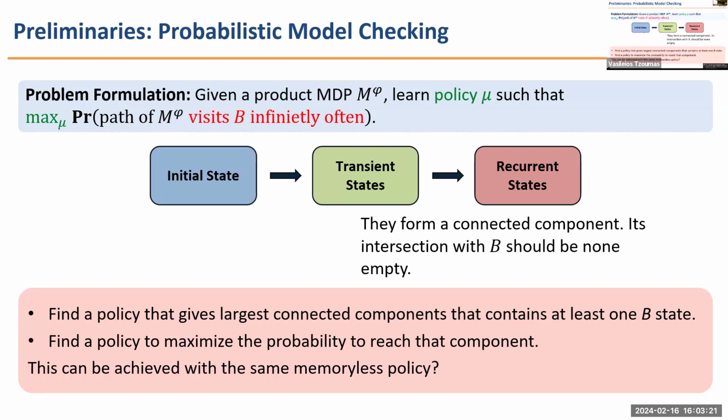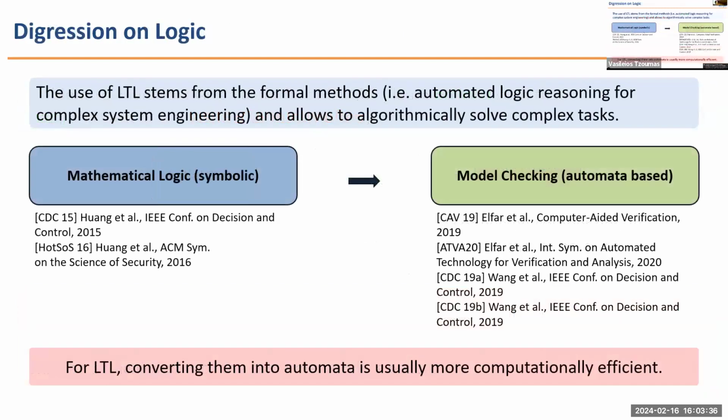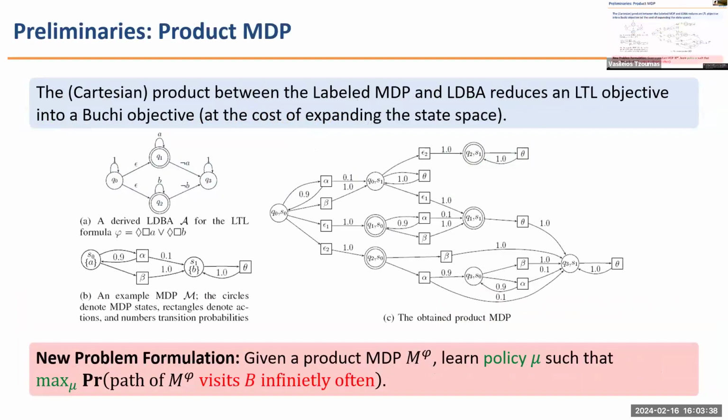Explain why you're trying to find the largest connected component. So the reason why, right? You don't remember the condition. Our planning goal is to try to, on the product MDP, visit certain states infinitely often, right? The condition of visiting this state infinitely often is that this state is a recurrent state.